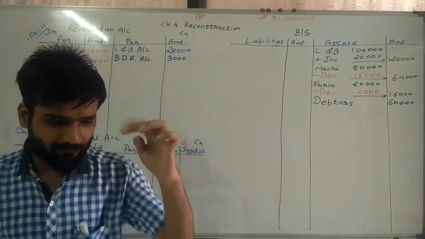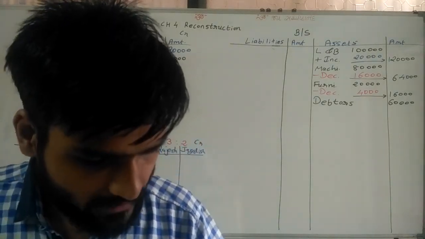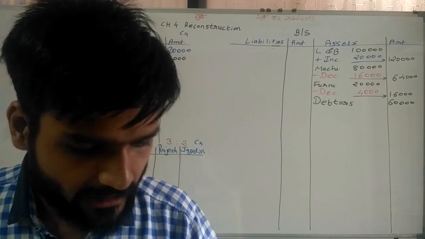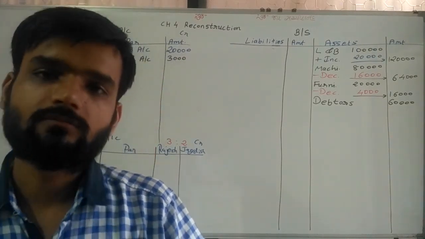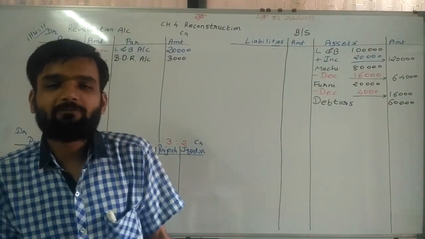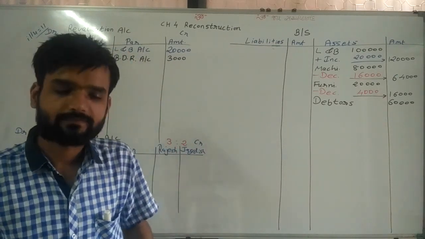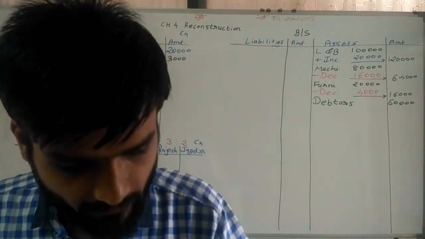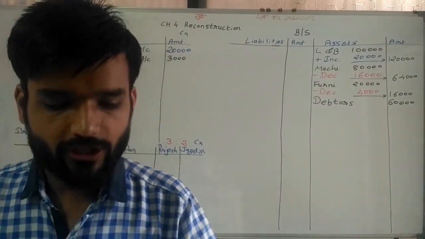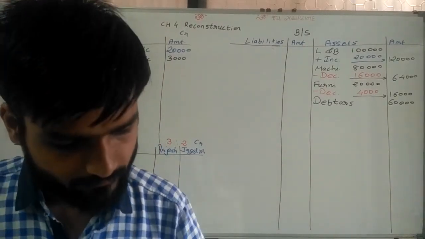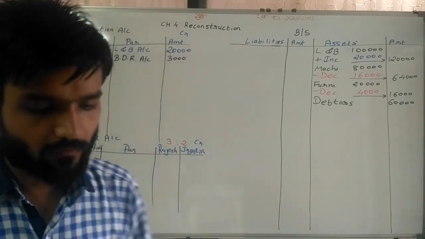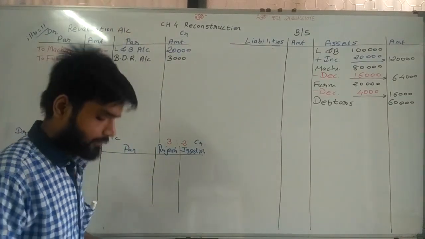Now, sir, adjustment number 4, rupees 3,000 repairing expense is required in stock. Sir, simple one. Repairing expense is required in stock, so stock value is decreasing. So stock is given in the old balance sheet as 23,000 rupees and 3,000 is required as a repairing expense.